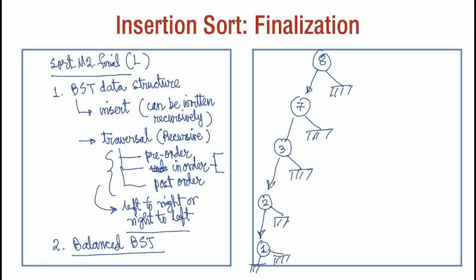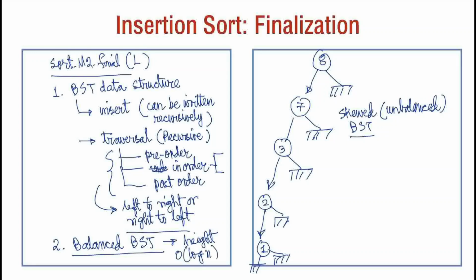This is a skewed or unbalanced BST. A balanced BST is one whose longest path has minimum height, and a balanced BST has height of order log n where there are n elements.